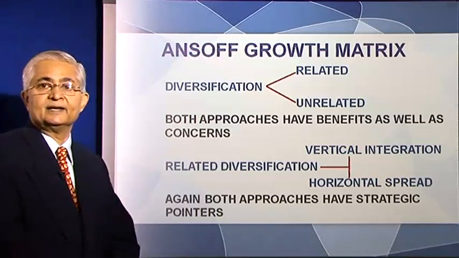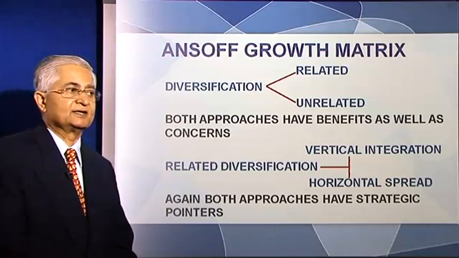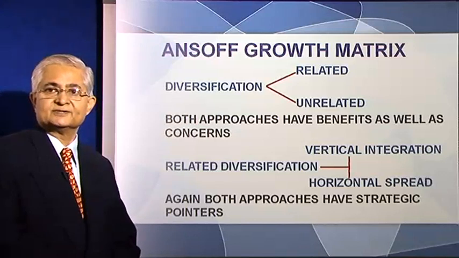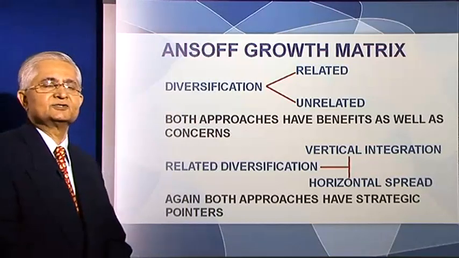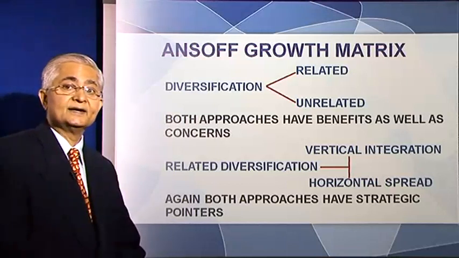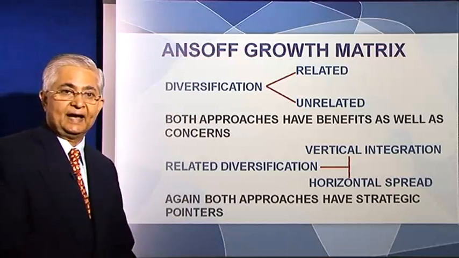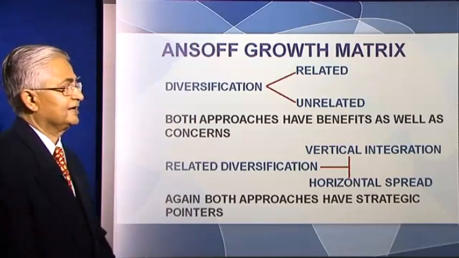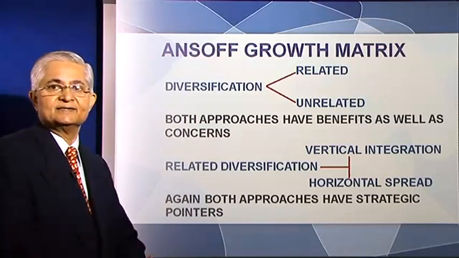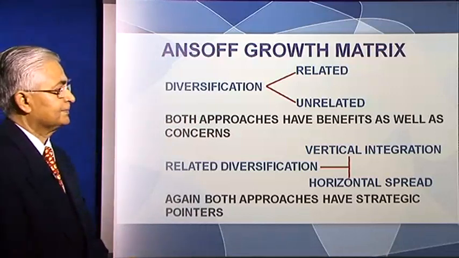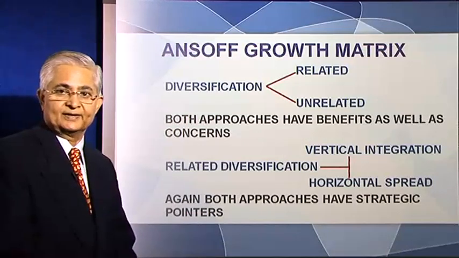Now, take a company like the Bajaj group in Pune, right? Bajaj has largely confined itself to the two-wheelers and three-wheelers, right? So, their diversification has been related diversification. Whereas, if you look at a company like ITC, right?